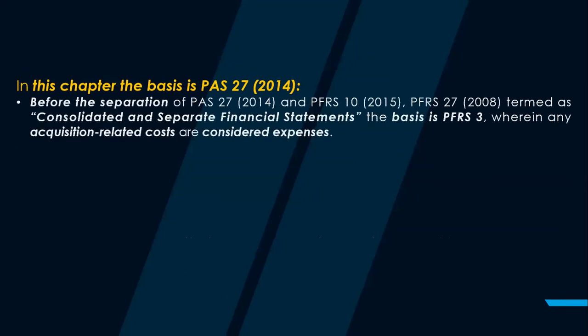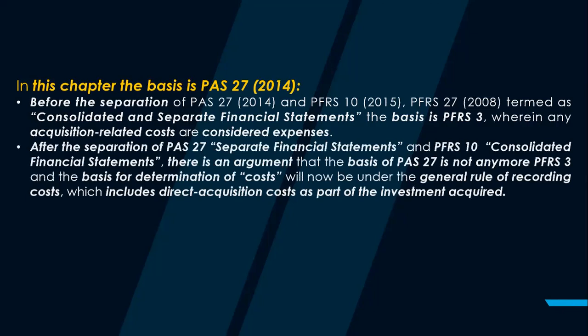Before the separation of PAS 27 and PFRS 10, PAS 27 in 2008 was termed as consolidated and separate financial statements. The basis is PFRS 3, wherein any acquisition-related costs are considered as expenses.